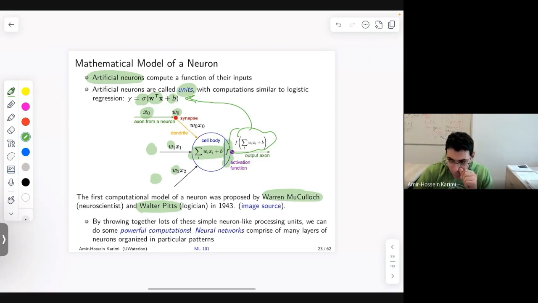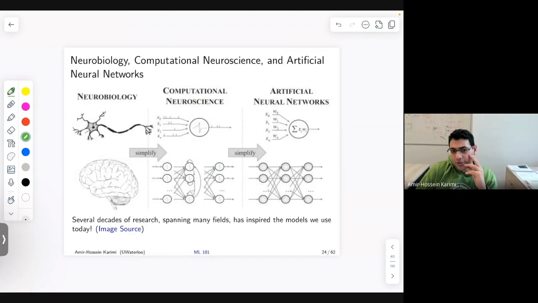Now, I want to go back for a minute to the loosely inspired part and tell you that a lot of what we see today in neural net-based machine learning systems is really inspired by and built on decades of research across different fields that all inspired one another and came together at various points. We very briefly talked about the neurobiology of a system and how spiking neurons happen.